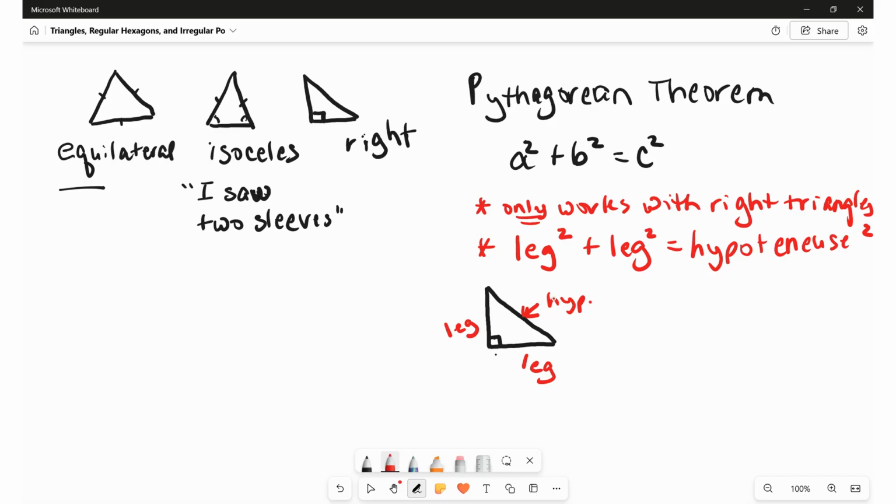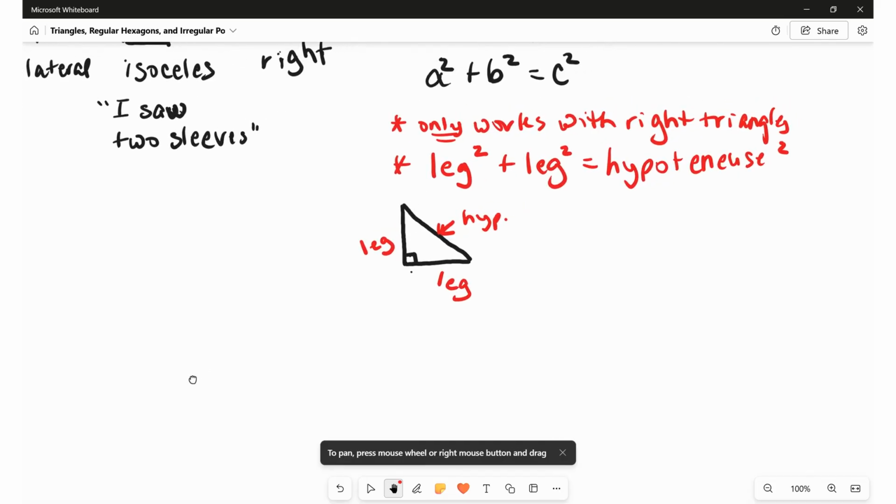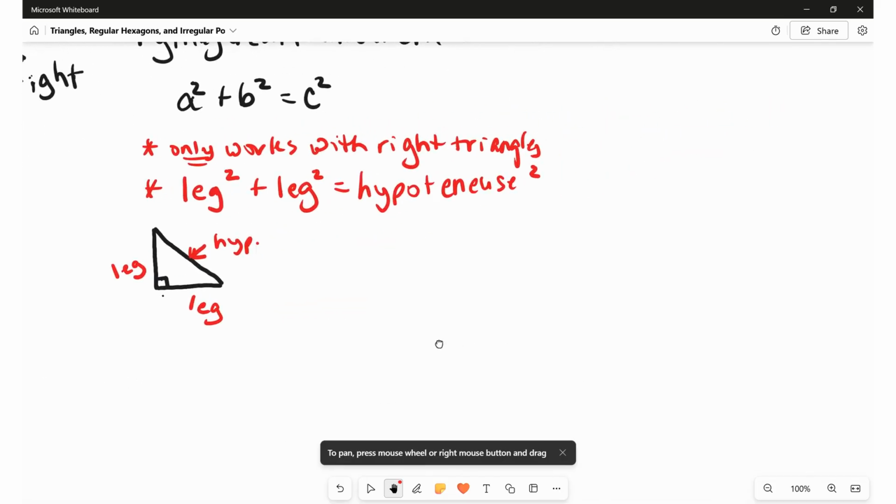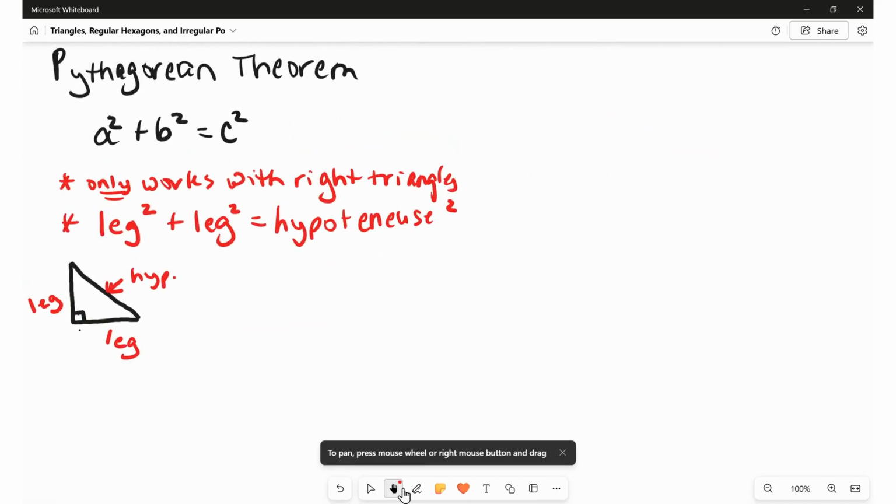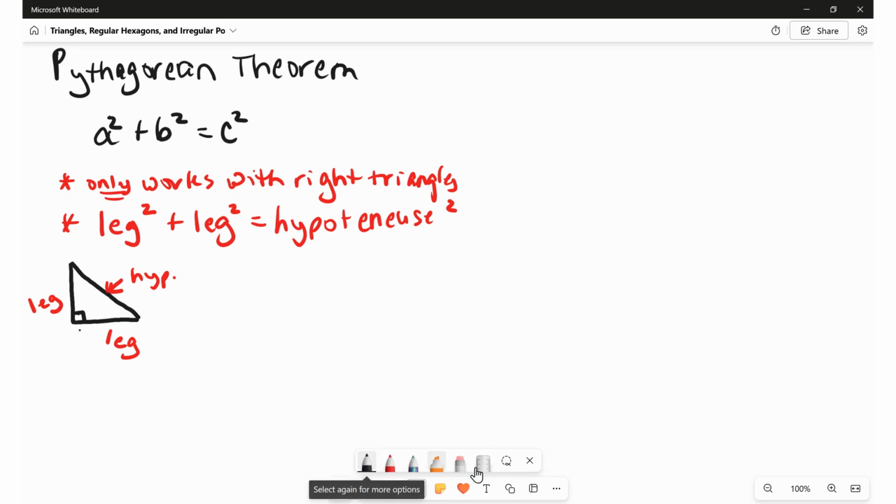So when we are thinking about a squared plus b squared equals c squared, that is literally leg squared plus leg squared equals hypotenuse squared. Let's take a look at an example.